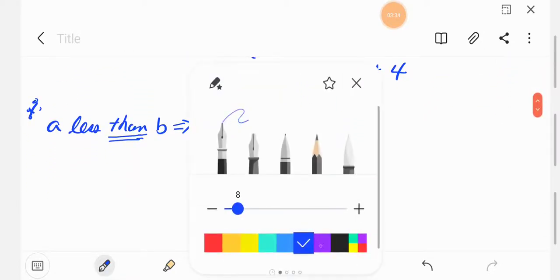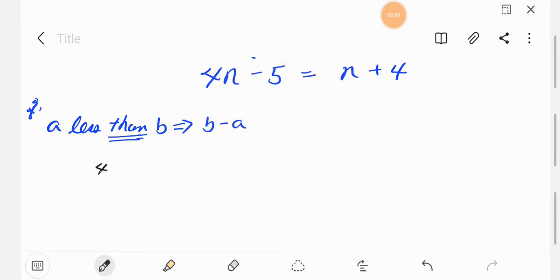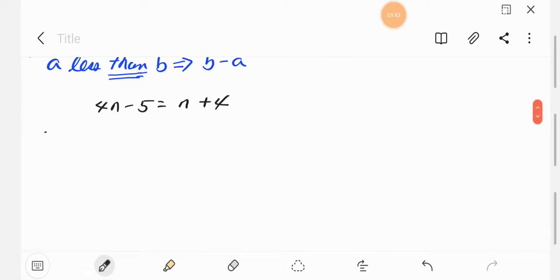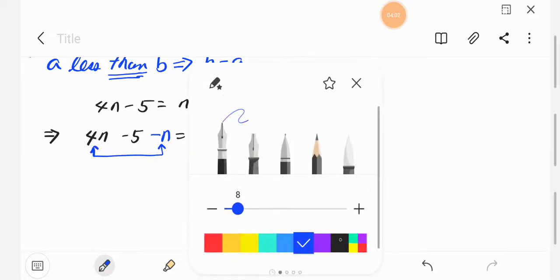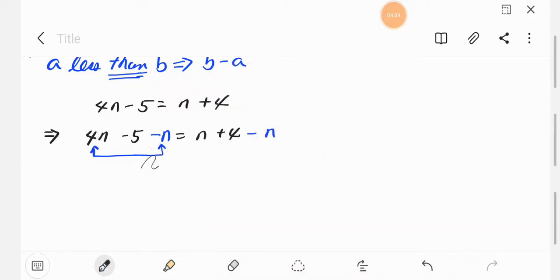Alright, so here is the equation. Let me write the equation here. And then let's solve for n. From here, what do we do? Let's move the n on the right hand side to the left. This is positive n, so we subtract n from each side. Then 4n minus n becomes 3n, since 4 minus 1 is 3.